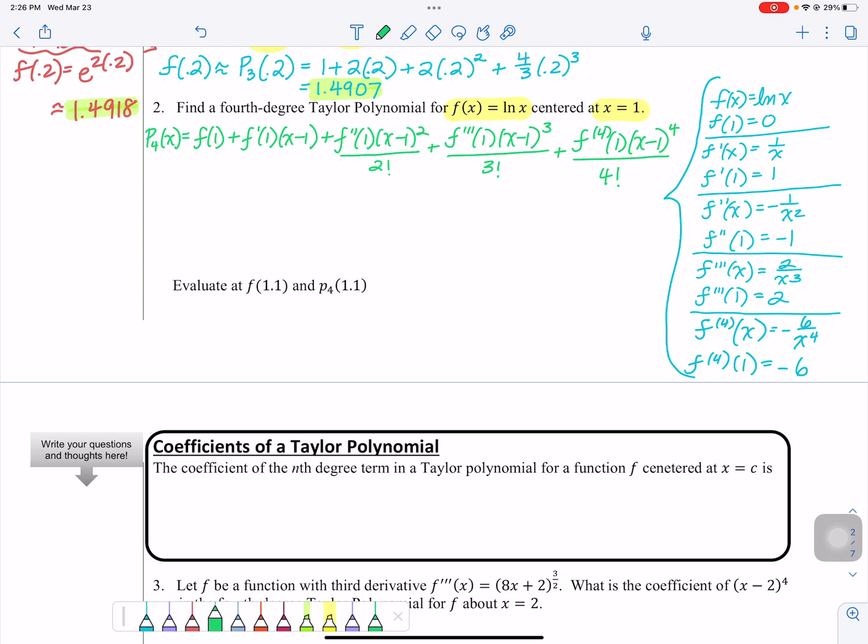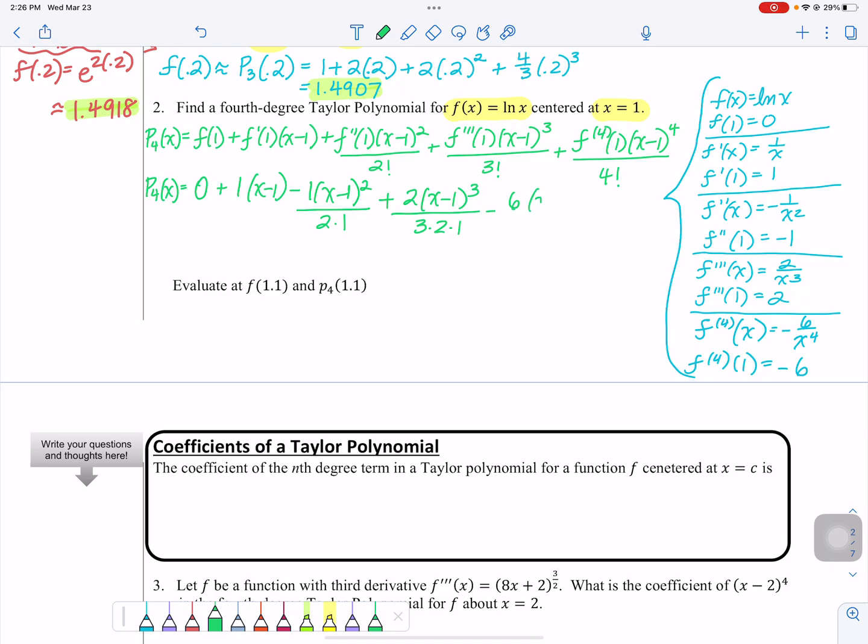So we'll go back over here and say the fourth degree polynomial is equal to f of 1, which is 0. F prime of 1 is 1 times x minus 1. And then f double prime is a negative 1 times x minus 1 squared over 2 times 1, plus 2 times x minus 1 cubed over 3 factorial.